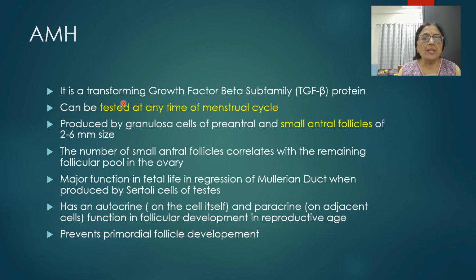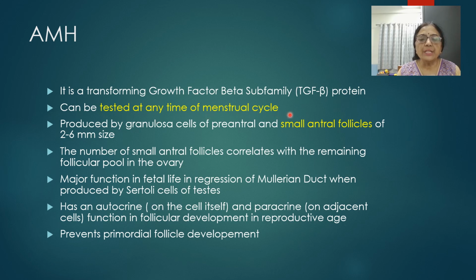Anti-Mullerian hormone is a transforming growth factor beta subfamily protein, that is, a TGF beta protein. Inhibin and activin also belong to the same transforming growth factor beta subfamily, and anti-Mullerian hormone is one of them. The main advantage compared to other tests is that it can be tested at any time of the menstrual cycle.